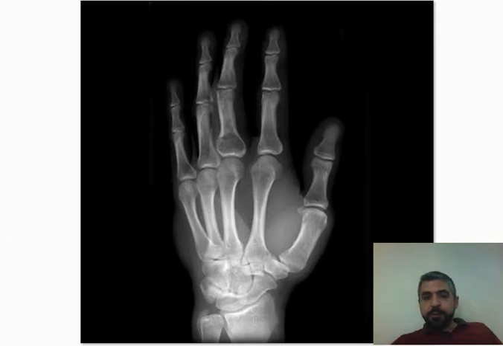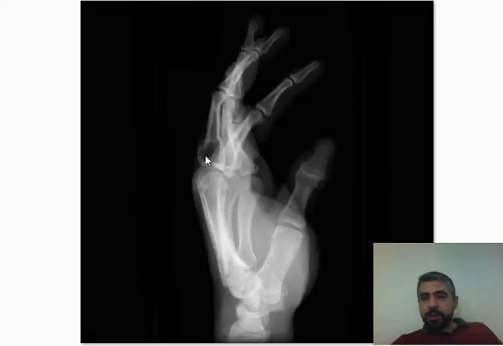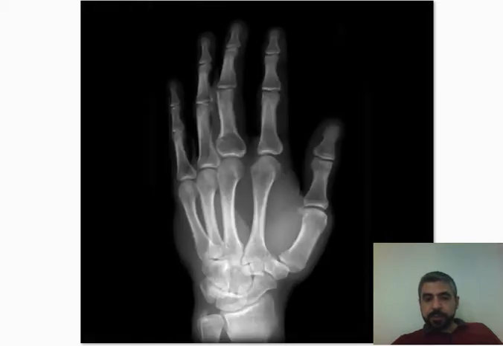If we take another view of the lesion, you can notice that there is a fracture in the dorsal aspect. So in this case, it is an enchondroma presented by a pathological fracture. In the same case, you can see some cortical interruption. It is not due to a malignant lesion.